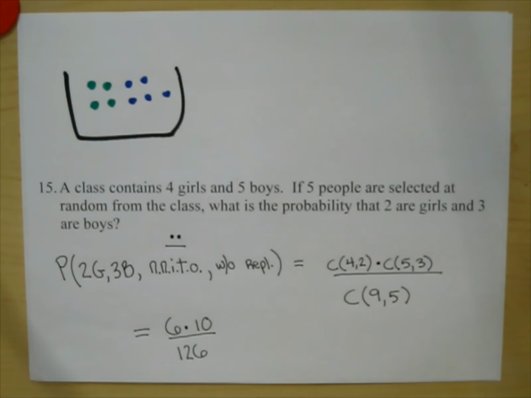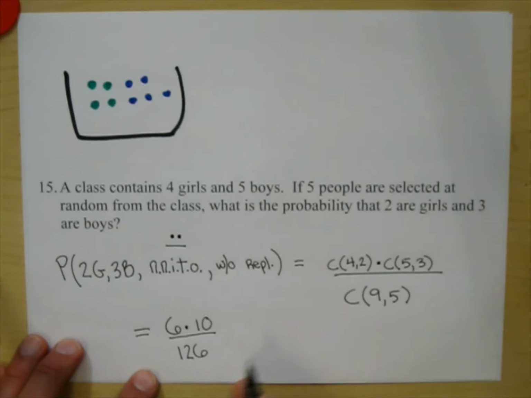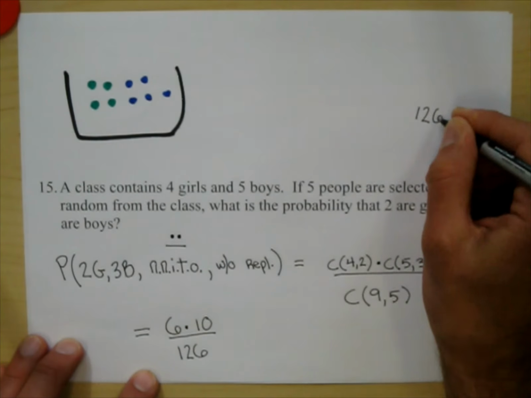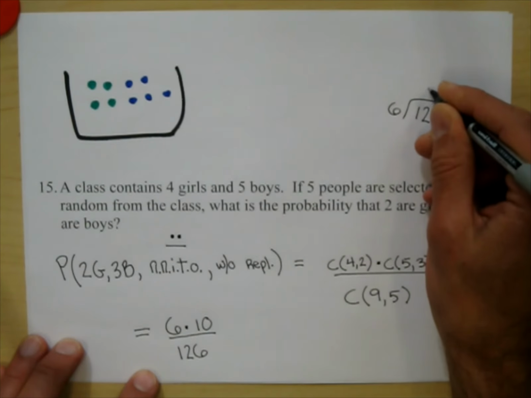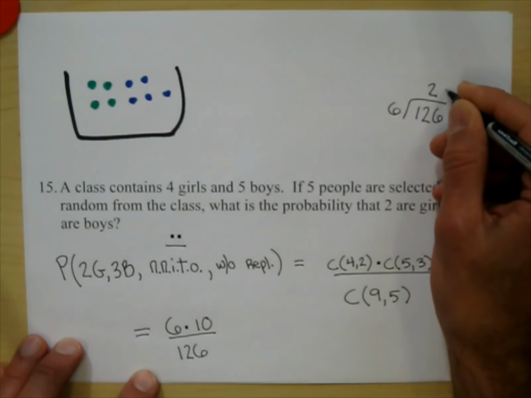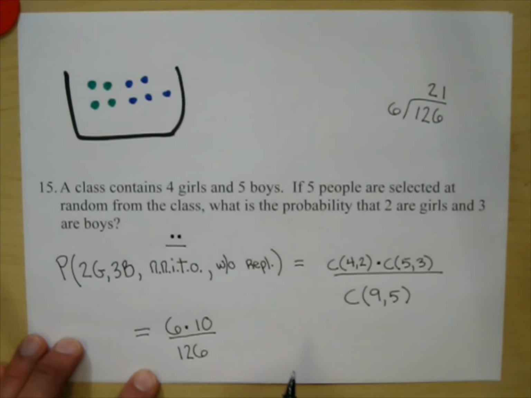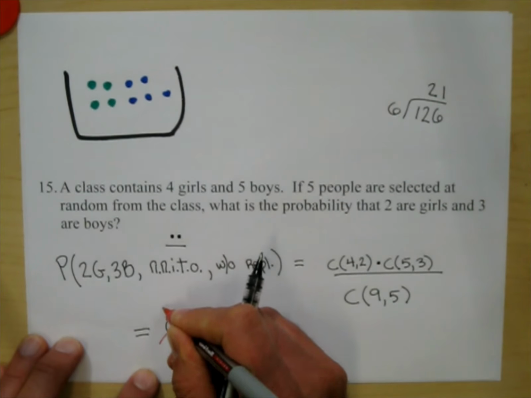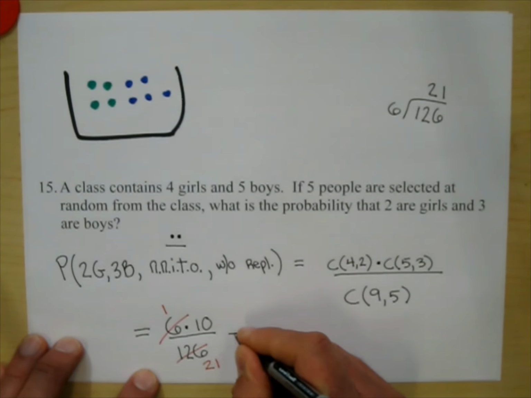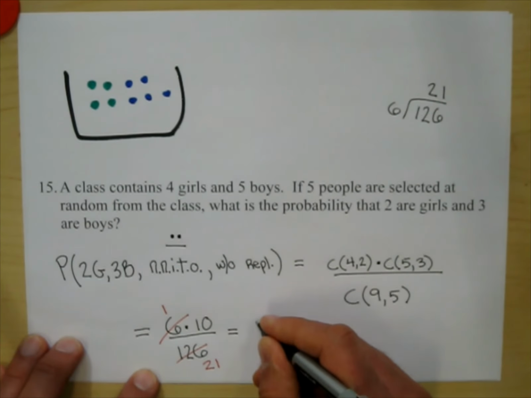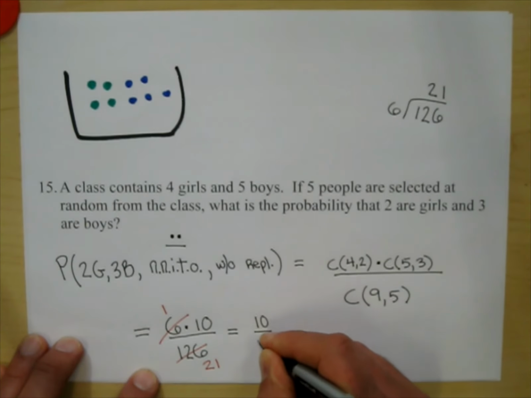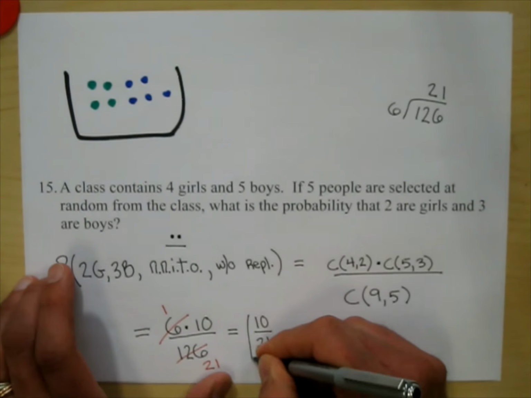So does anything cancel? I think the 6 goes into 126. 6 goes into 12 2 times. 6 goes into itself 1 time. So that's 21. So 6 goes into this 21 times, and 6 goes into itself 1 time. So our final answer for this happens to be 10 over 21.